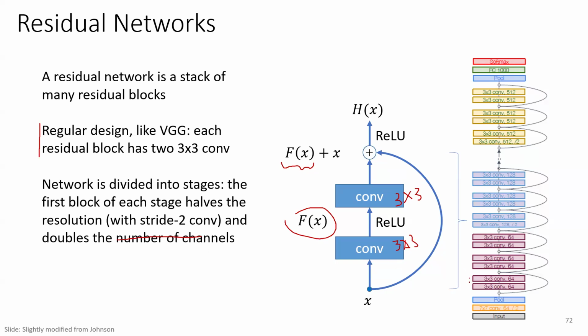So you can see two 3x3 convolutions here, and you are feeding the X to this. Another 3x3 convolution, you're feeding the X or the input back like that. Those are called the skip connections. So after that block, you can see the number of channels has been doubled, right?